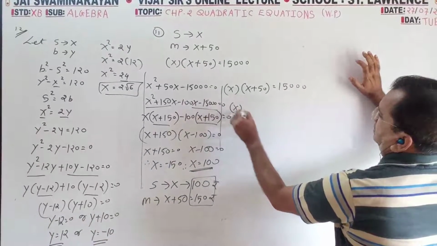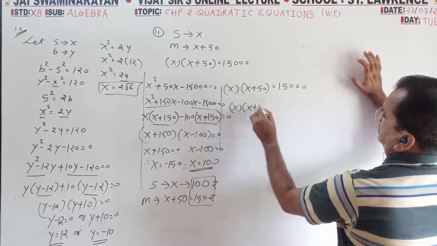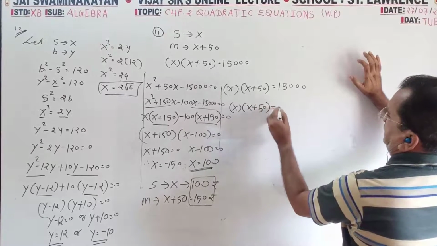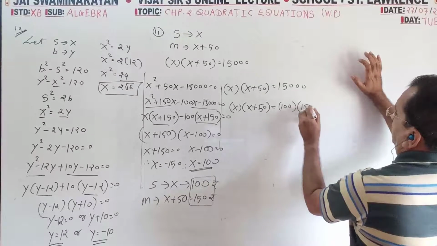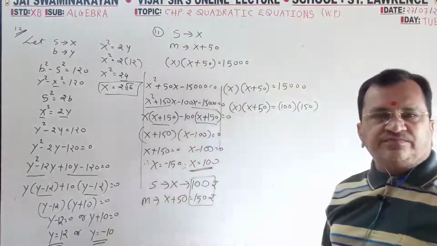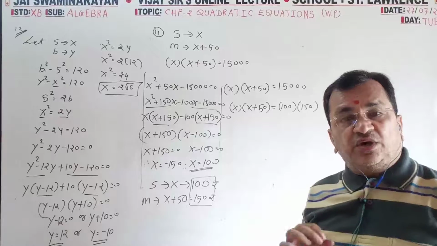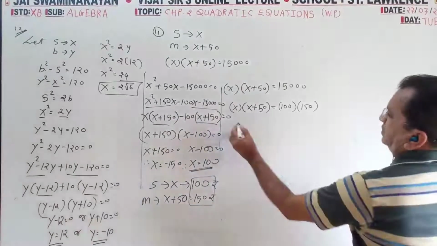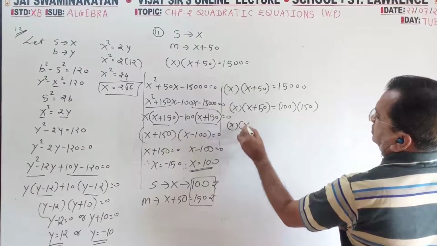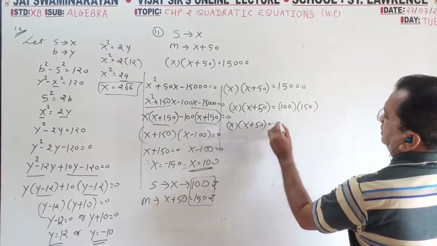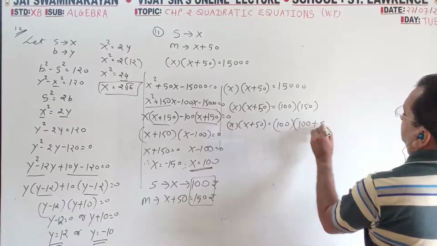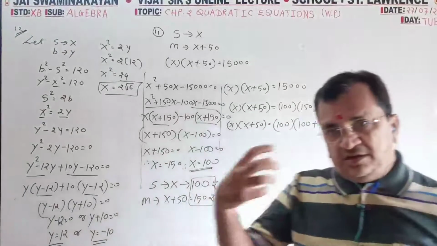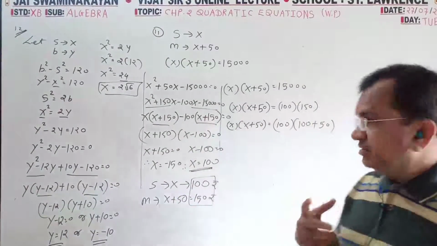So x plus 50 is equal to 100 and 150. 150 into 100, 15,000. x plus 50 is equal to 100 plus 50. Now try to catch the rhythm.